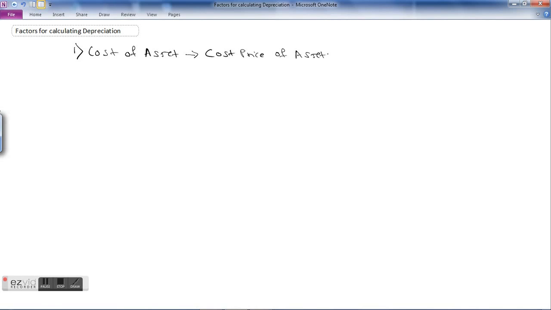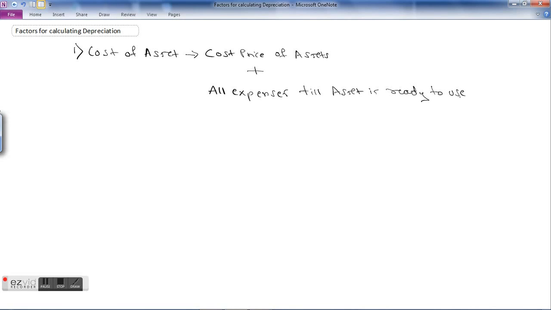The first factor is cost of asset. Cost of asset includes the cost price of the asset plus all expenses till the asset is ready to use.